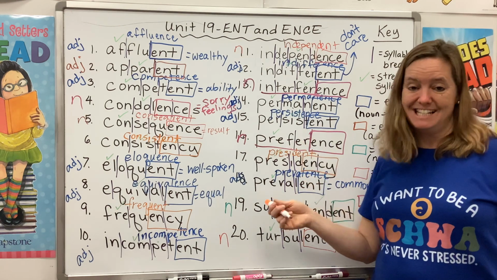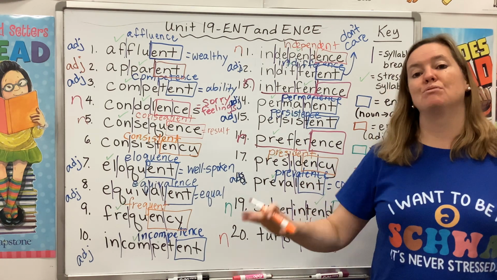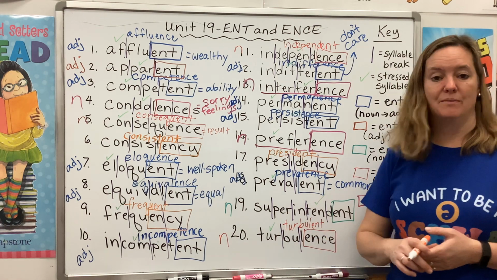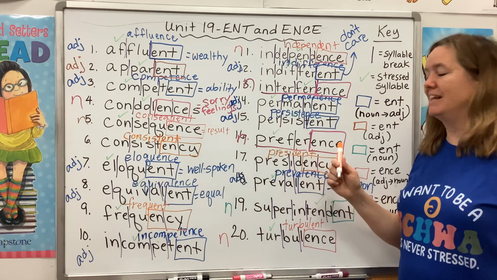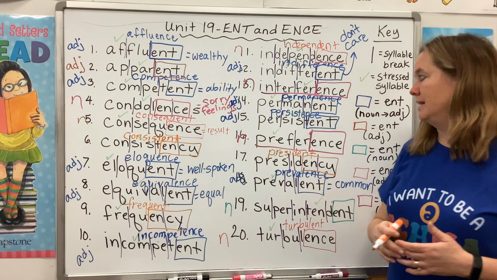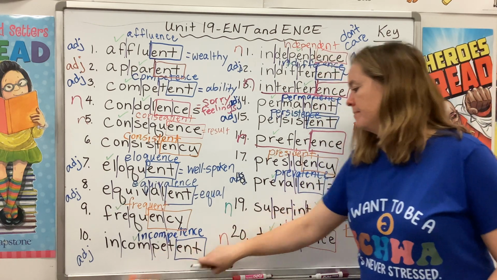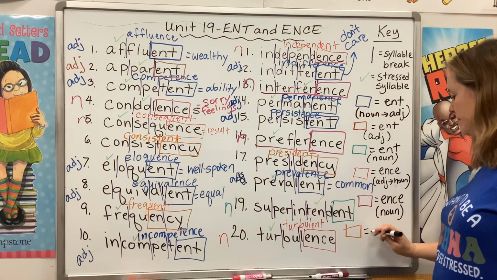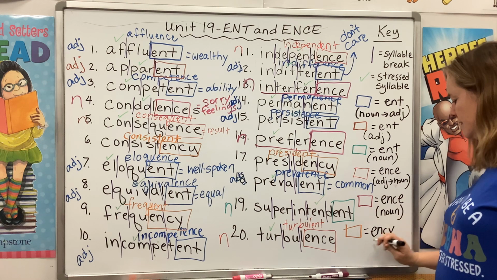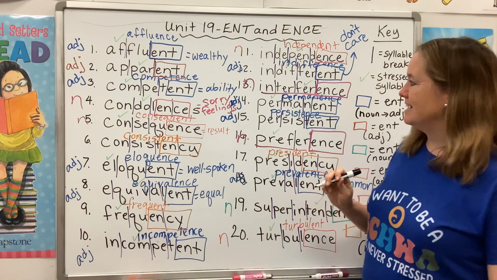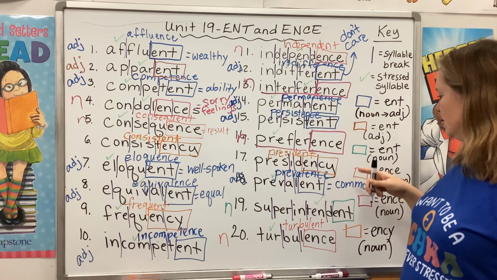So president is a noun, but then the presidency is the office of the president, right? So we have two different noun endings that are related. So all of our orange box words are NC endings, and those are all nouns. Did I miss anything? Whew.